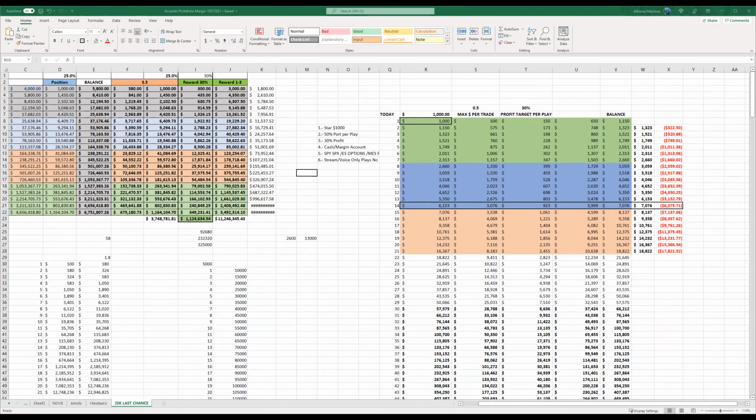If you have a margin account and you don't have the 25K, I don't suggest you use it. Use the cash account and play SPY or SPX, and that is the reason it is free.